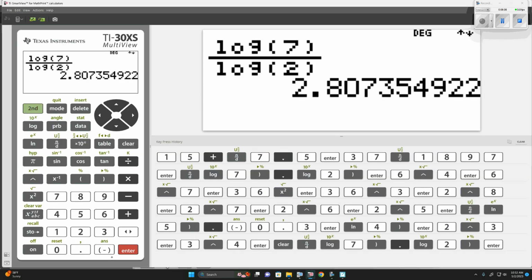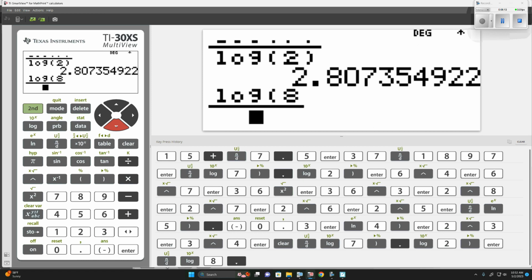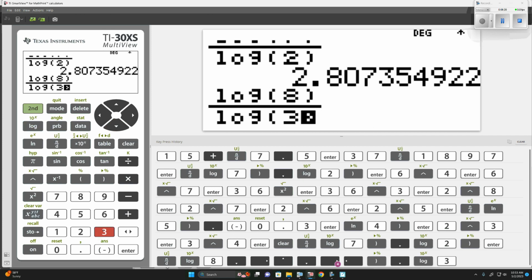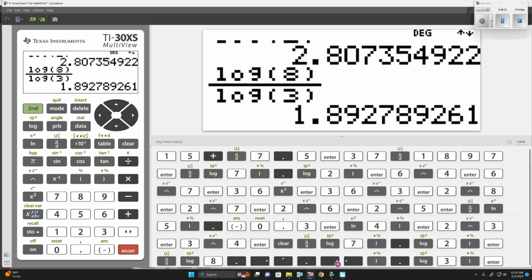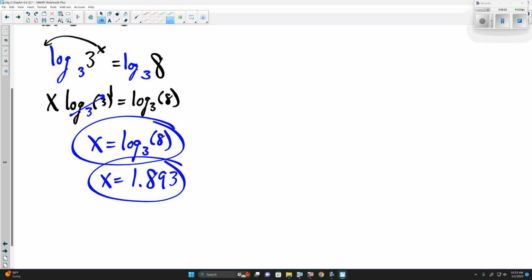Now we can do it in the other calculator, but we have to do the change of base, which we say is log of 8 over log of 3 and get 1.893. And that's it there. Any questions over any of this here?